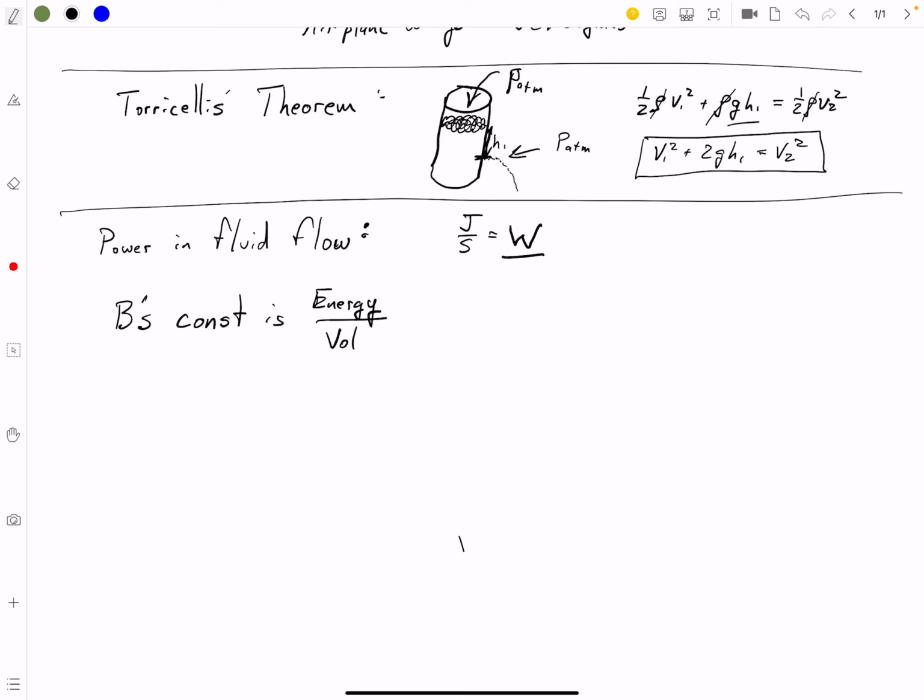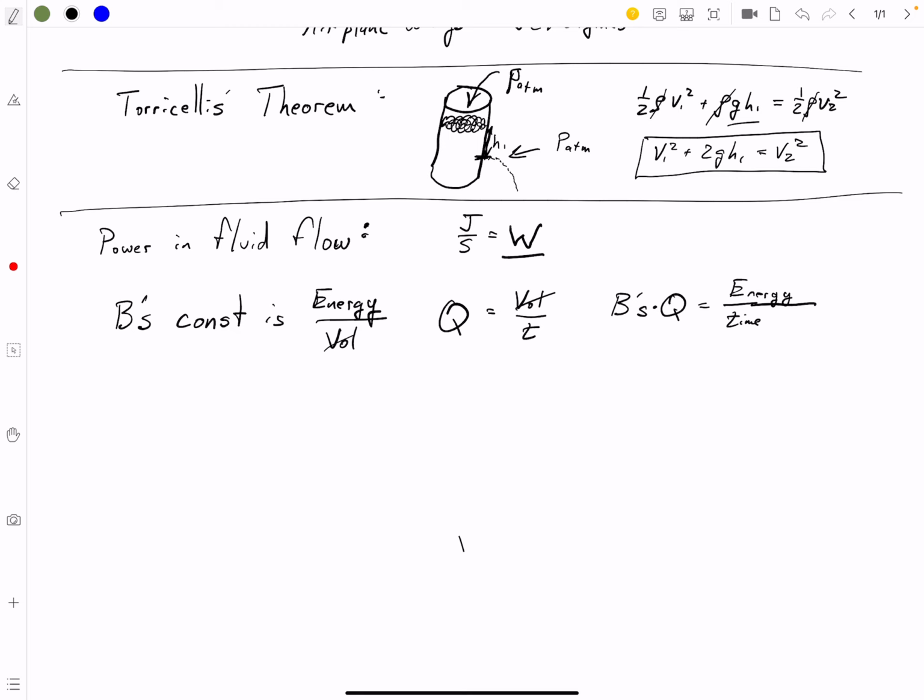And since Q is equal to volume per time, all of a sudden we can multiply Bernoulli's constant times Q, and this volume and that volume cancel, and lo and behold, we're left with energy per time. So we've got energy per time. How about that? That's nice.